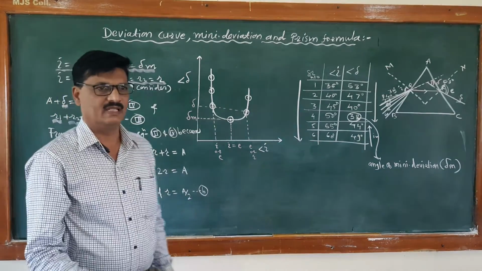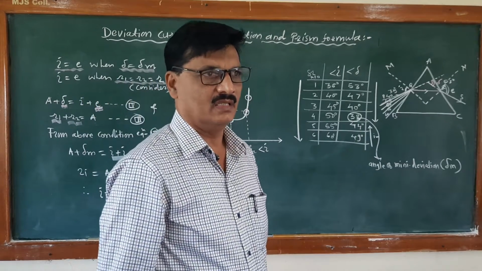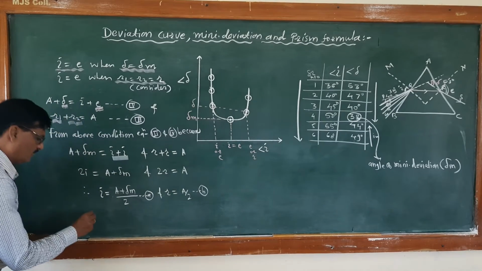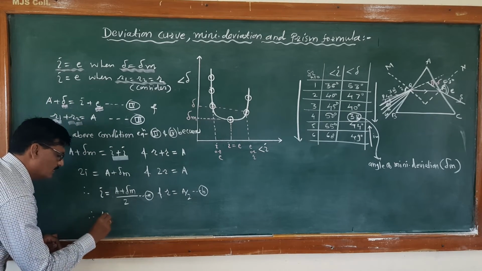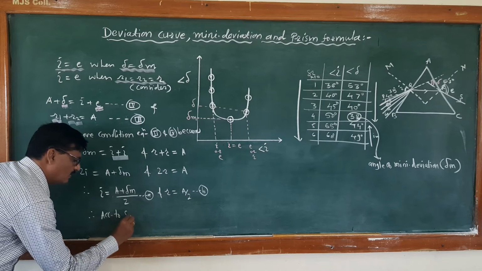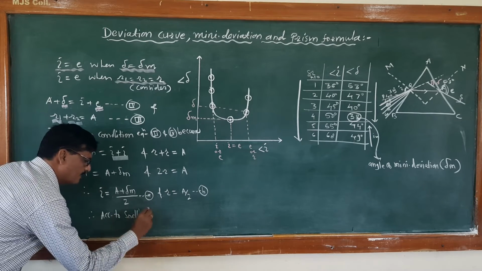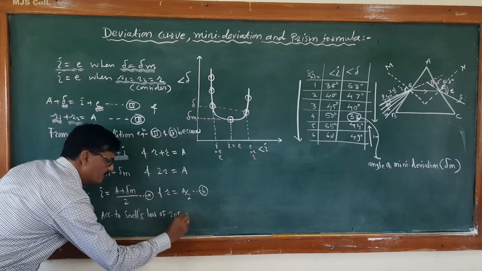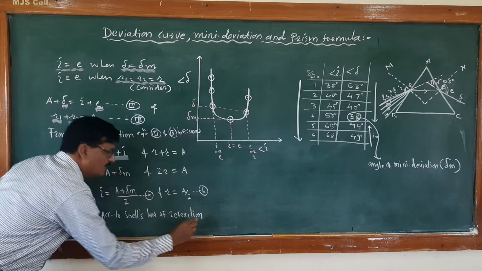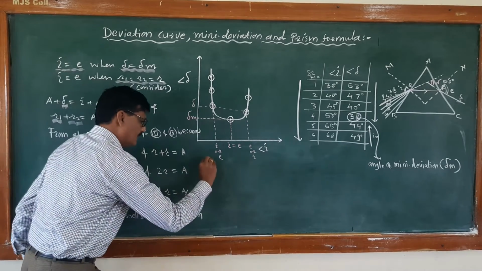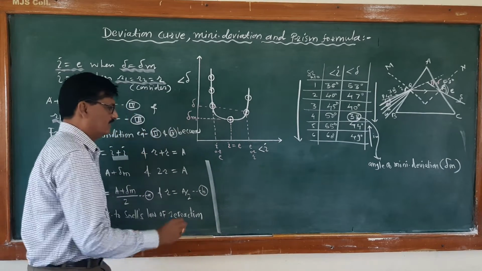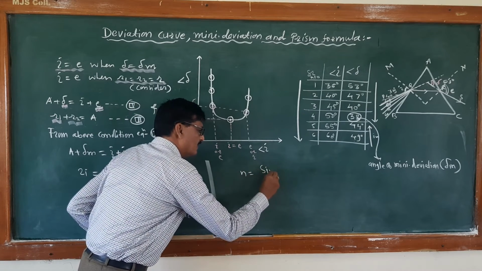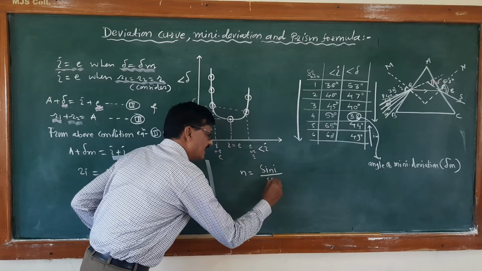Already we know what Snell's law of refraction is. It is the ratio of sine of angle of incidence to the sine of angle of refraction. Therefore, according to Snell's law of refraction, we know that the refractive index n is equal to sine I whole divided by sine r.